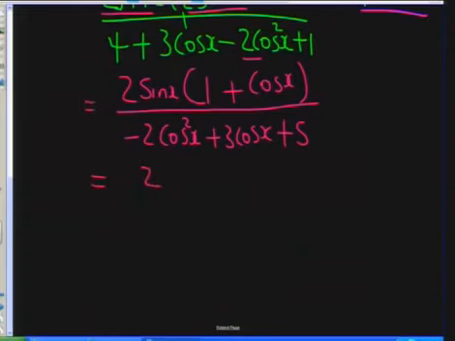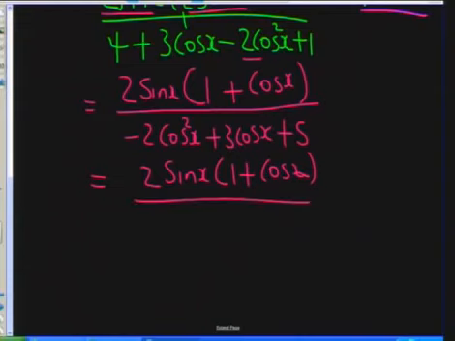So I have 2 sine x times 1 plus cos x there. And I take minus 1 as a common factor. Minus 1, I have 2 cos x squared minus 3 cos x minus 5. I change the sign because this is positive, I divide by minus.